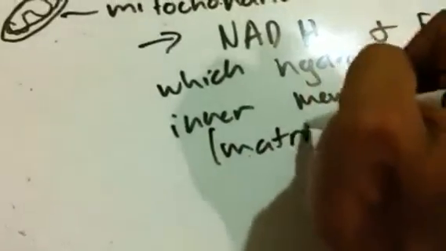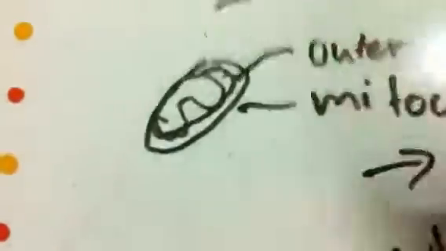This is also known as the matrix of the mitochondrion. So these carrier molecules are carrying hydrogen as well as electrons, so hydrogen plus electrons, into this matrix of the mitochondria.